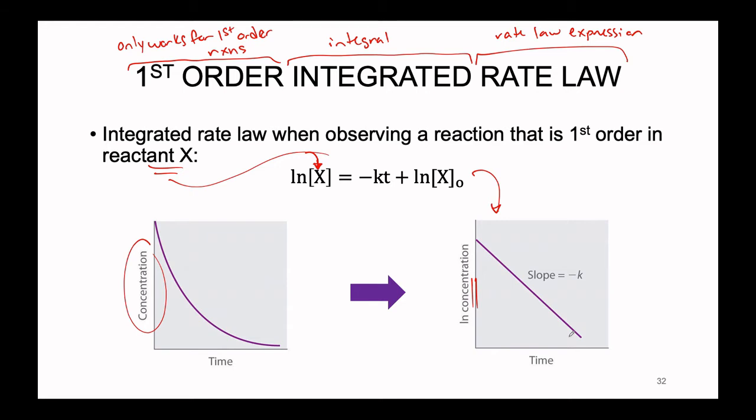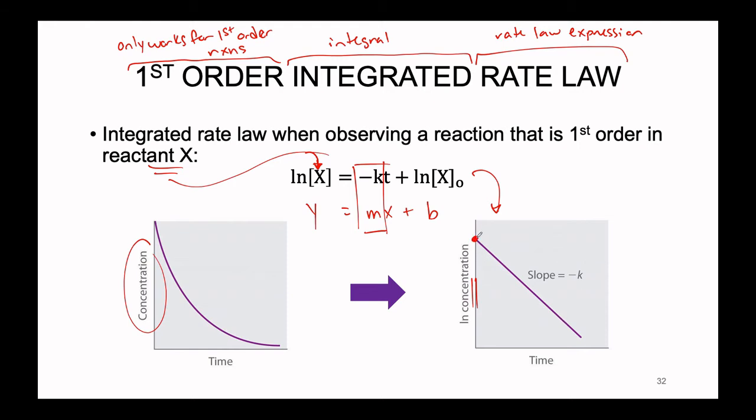Now this relationship is super useful for giving us another way to find our rate constant k, since, in the y is equal to mx plus b format, the slope of this equation is equal to negative k. And so the slope of this line can be useful for finding our rate constant.